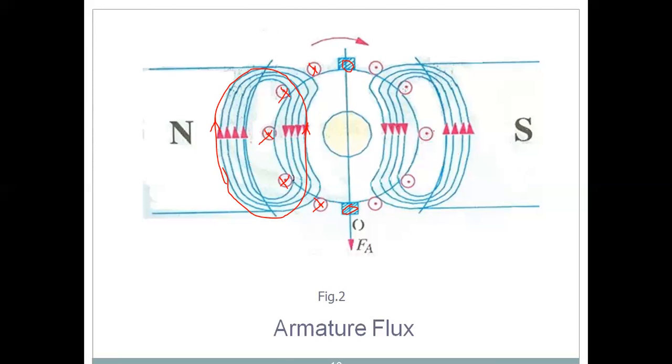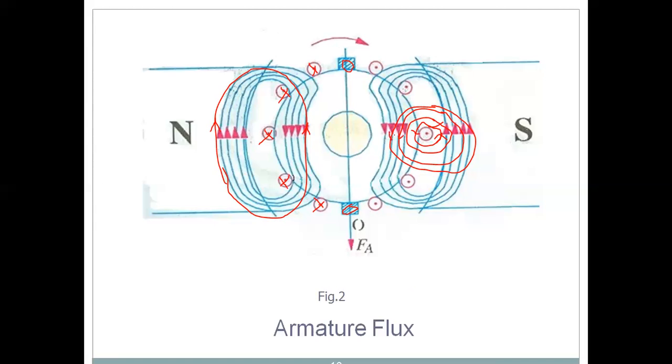Next, for these conductors, I am applying the right hand thumb rule. The current is coming towards the observer. By applying the right hand thumb rule, around this conductor, on this side I am getting downward direction, on this side I am getting upward direction of flux lines. The strength will change according to how much current is flowing in these armature conductors.